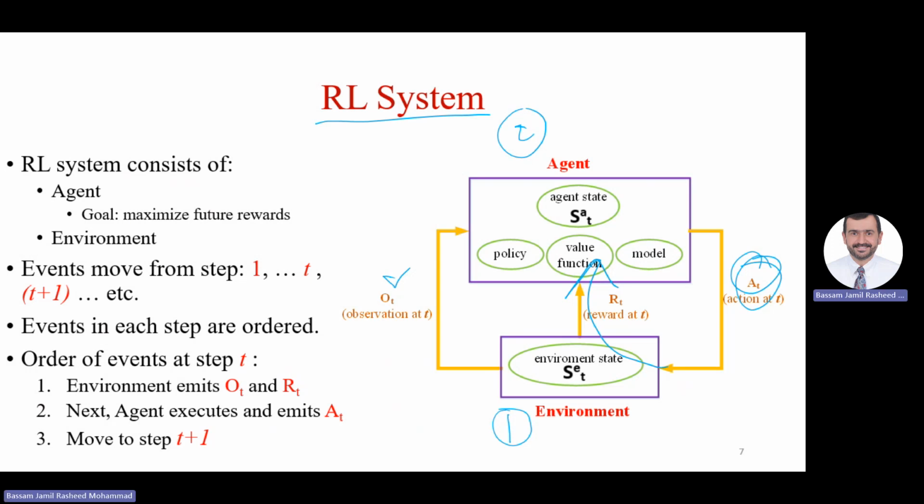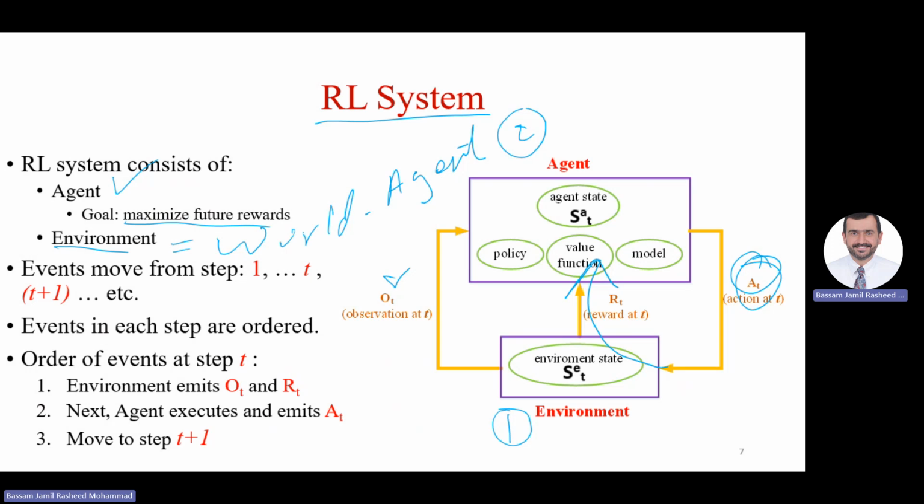So the RL system consists of an agent, whose purpose is to maximize future rewards. That's basically our goal. And the environment, everybody else. So you can say the environment is the world minus the agent. That's basically the definition of the environment, everything else. And now events move from step one.